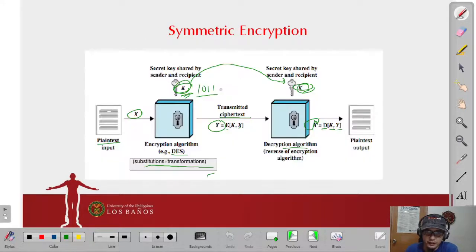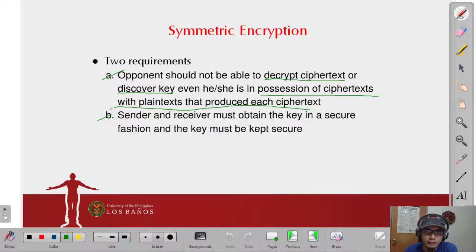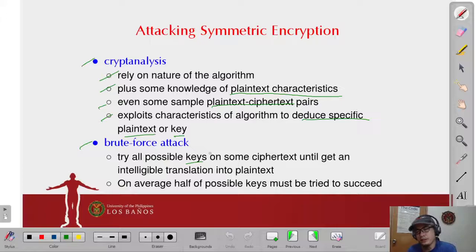If we only have 4 bits to represent the key, it's very easy to brute force, to try all possible combinations of the bit patterns to derive the key. So the attacker will try all possible keys on some ciphertext until it gets an intelligible translation into plain text. So it can be done.